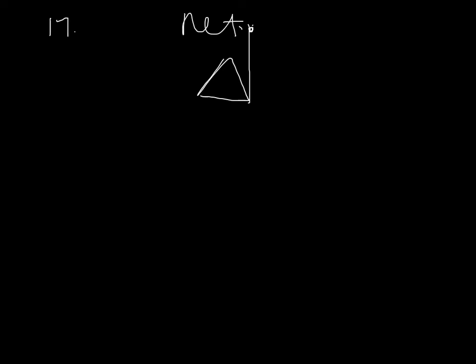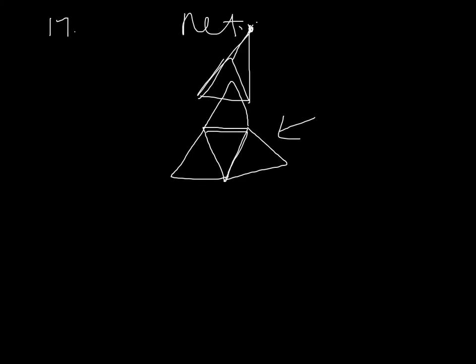Each side's going to go down. Okay, so if I start with my base, I'd have my triangle here. Okay, and then I'd lay this side out, and this side out, and that would be my triangular pyramid. If I took from that vertex and I opened up every side, I would get something that would look like this. So this is called a net.